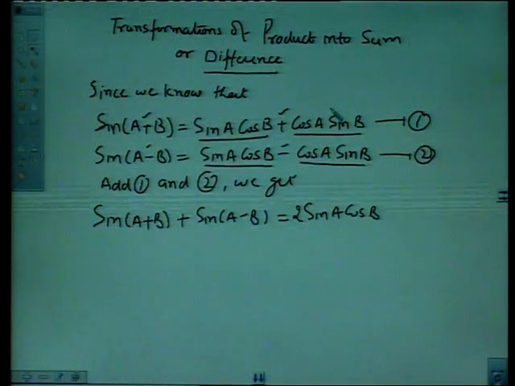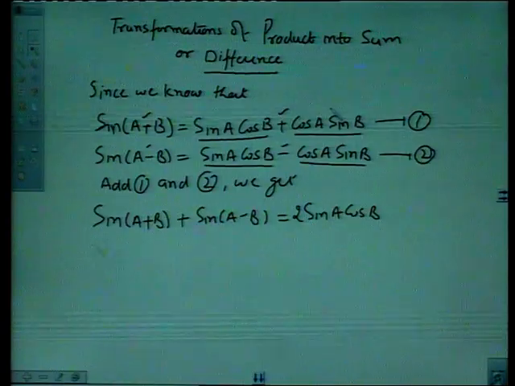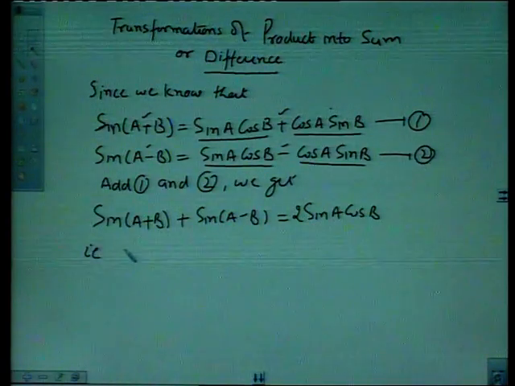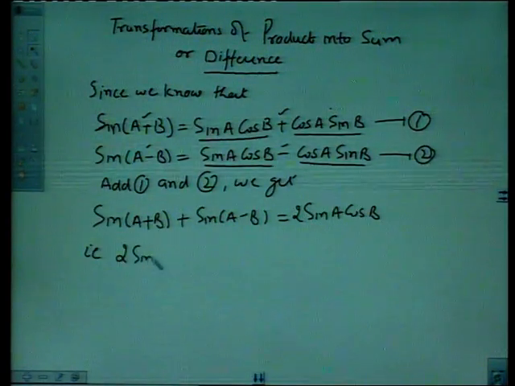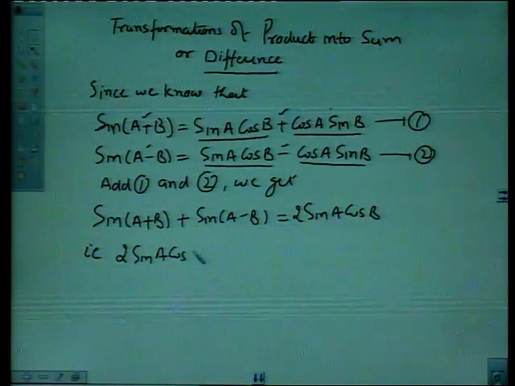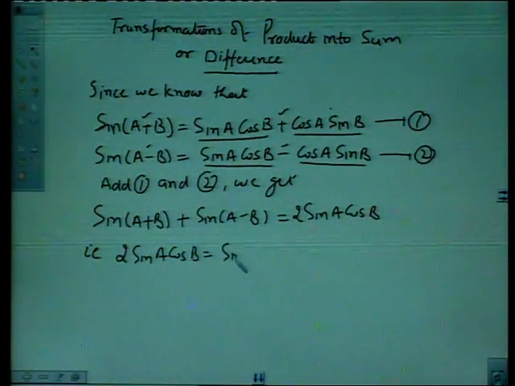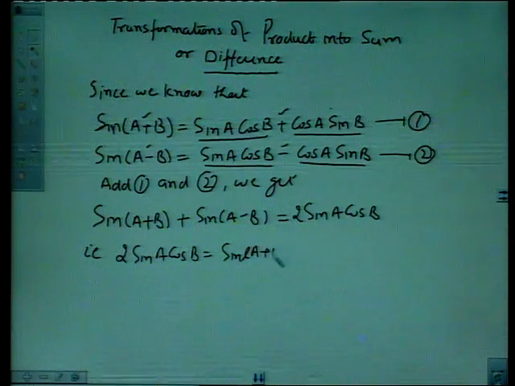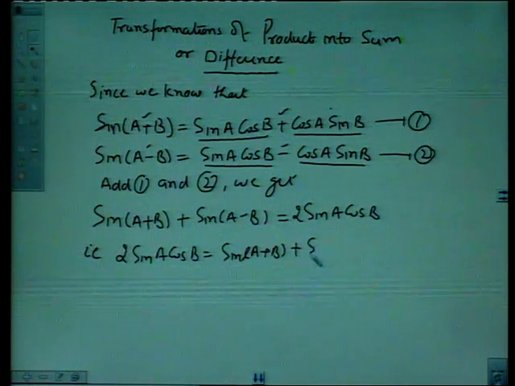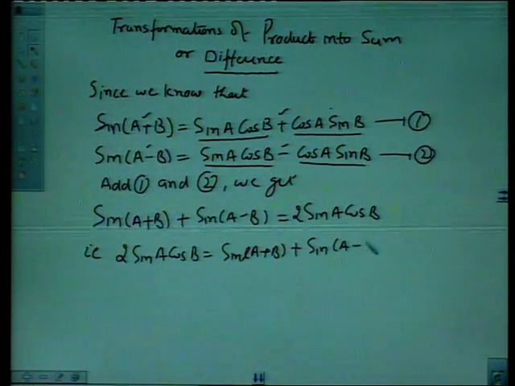So, we have this formula, that is 2 sin A cos B is equal to sin A plus B plus sin A minus B.